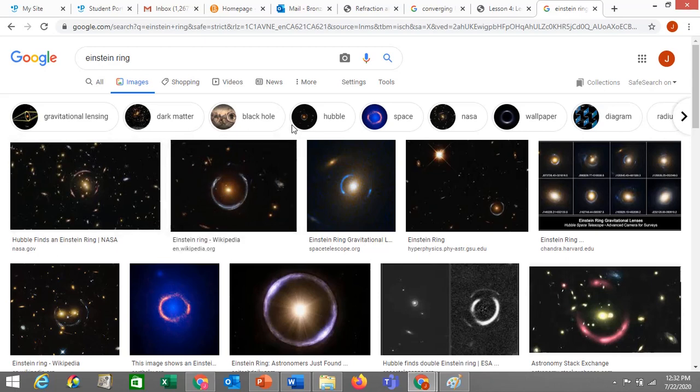So it wouldn't be coming to Earth, it would be heading out in all directions. But this massive gravitational object here curves space and bends the light like a lens, so that the light from the object behind it bends in all directions and you see it as a ring.